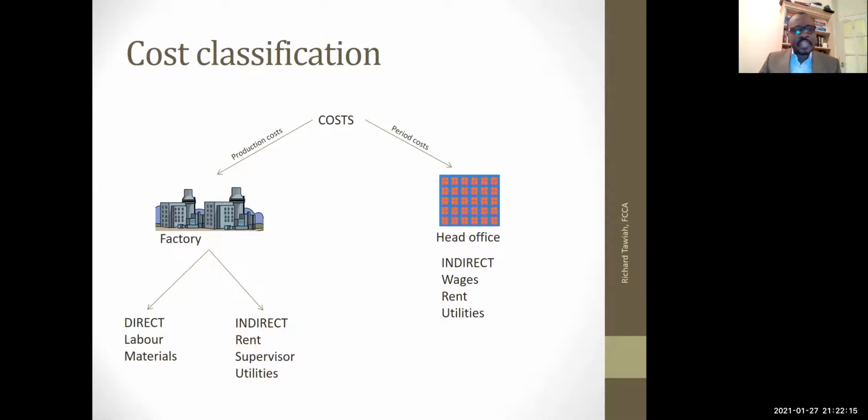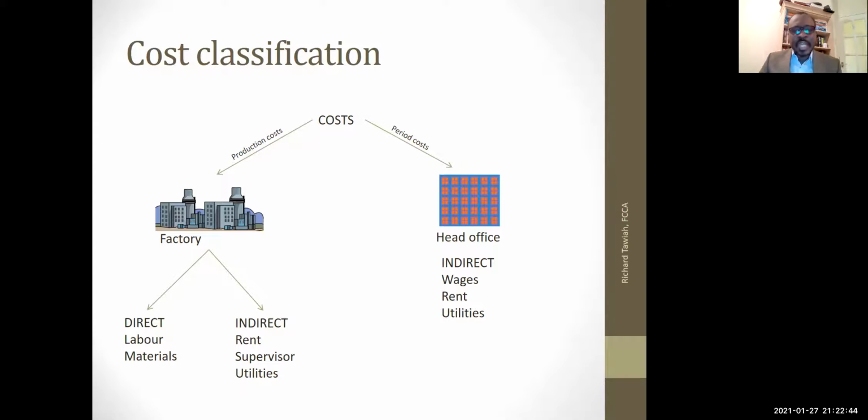So cost classifications is the next thing I want us to look at. Costs have several legs, okay? They lead to various dimensions. So there are costs which go directly into the production process. And there are costs which are time-bound, or they are incurred within certain time limits. So those costs which go into the production of goods and services, we normally classify them as production costs.